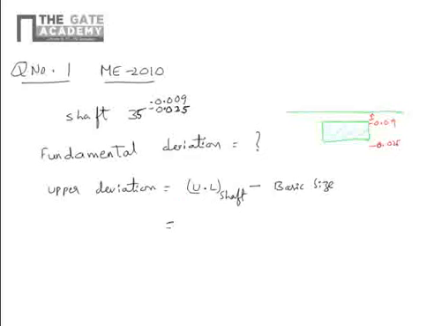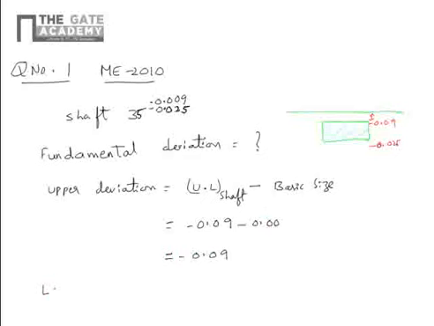If you take upper limit minus 0.09 minus basic size 0.00, we get minus 0.09.